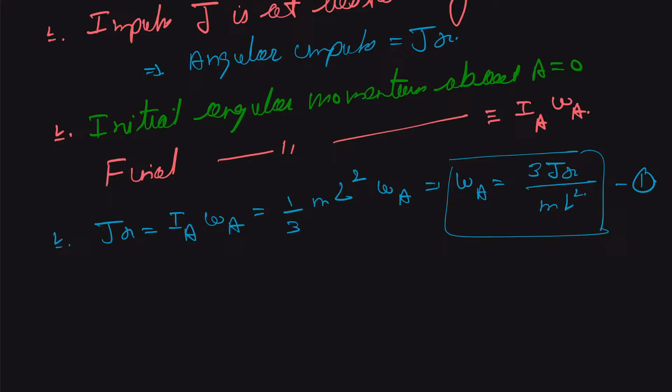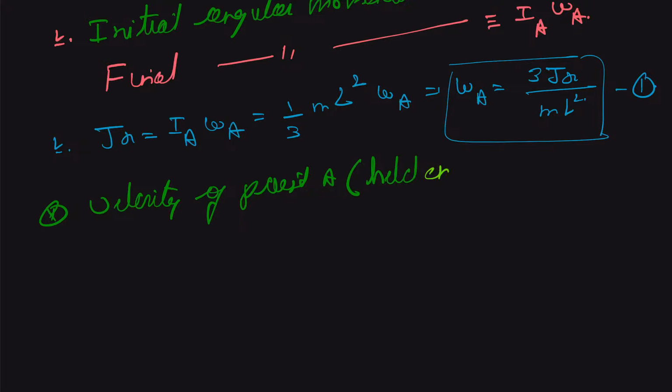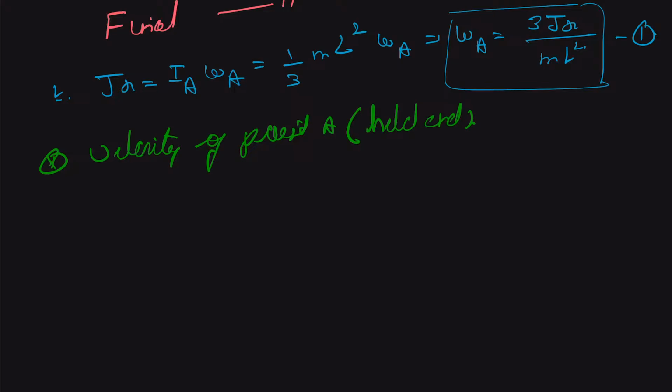Now we come to the velocity at the point A, which is our held end. Okay. So we can say the velocity of point A, which is our held end, and the stick is going to rotate about the instantaneous center. Okay, that's the basic thing that it tends to do.